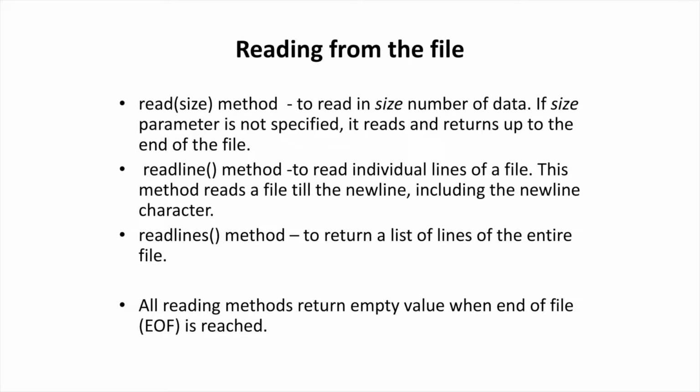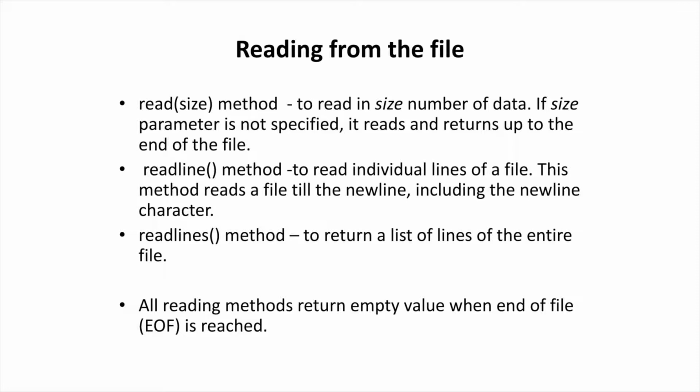The first method, read with size argument, reads that many characters of data from the file. If the size is not specified, then the read method reads the entire content up to the end of the file. The readline method will be used to read individual lines of a file.